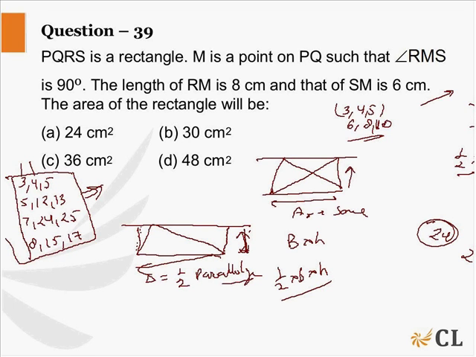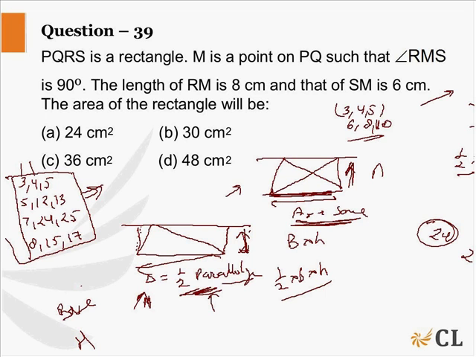Last method is this, if I explain it. If there are two triangles with the same base and same height, the area is the same. But if there is a triangle and a parallelogram with the same base and same height, the area of the triangle is half of the parallelogram. You see here the base of this triangle and the rectangle, and a rectangle is also a parallelogram, okay?